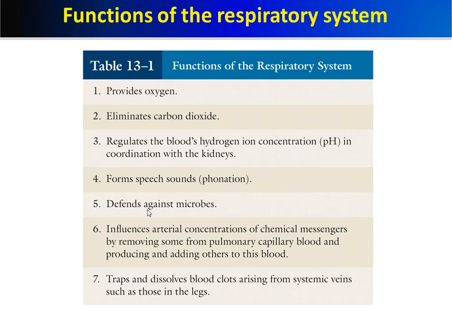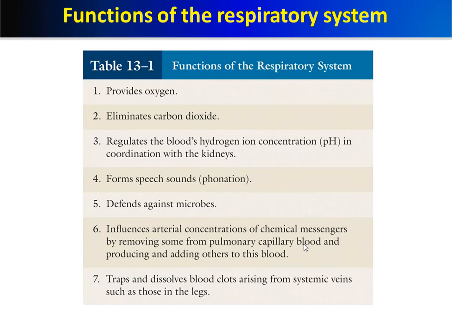So when the blood moves through the pulmonary circulation, through the pulmonary capillaries, some of the chemical messengers can be removed from the pulmonary capillary blood, and some other chemical mediators can be added to the blood as it passes through the pulmonary capillaries.